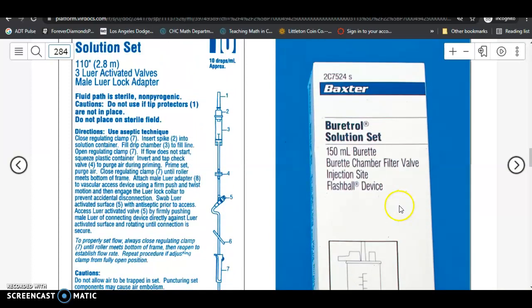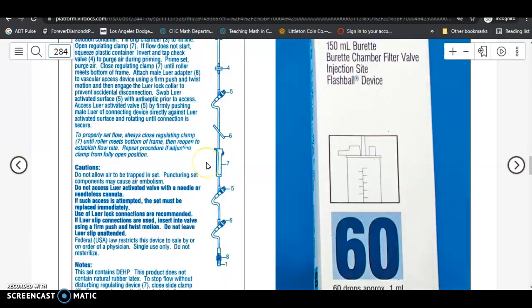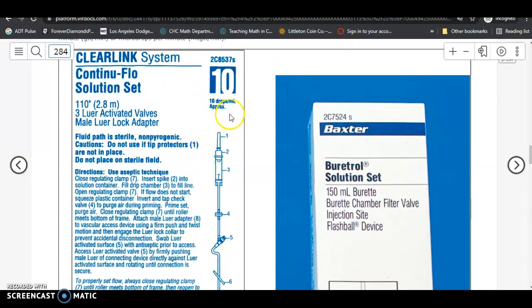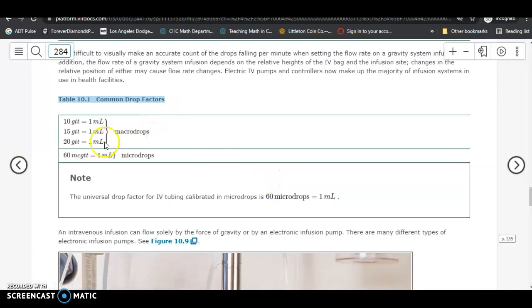When you look at a label for tubing for an IV, the drop factor should be on the label. Like in this one, 10 drops is 1 milliliter. So again, either the drop factor will be provided in the problem, or you can find it on a label for IV tubing.